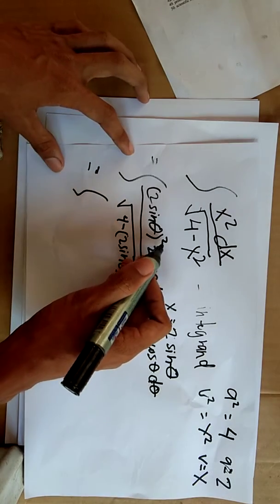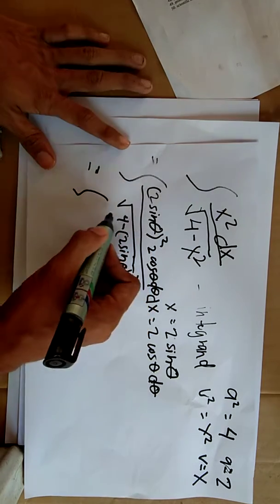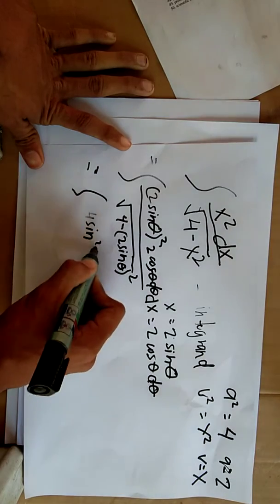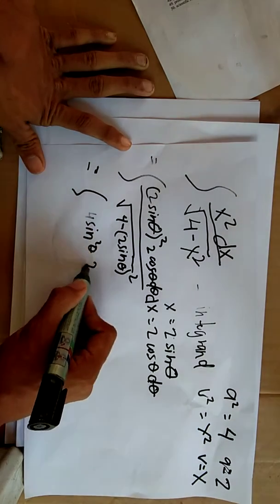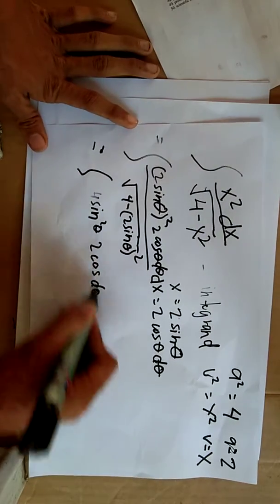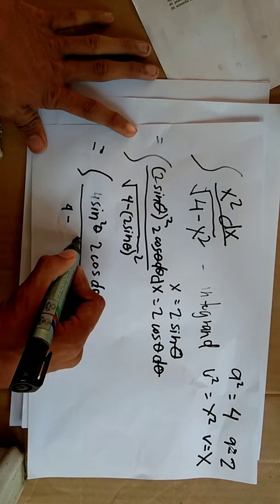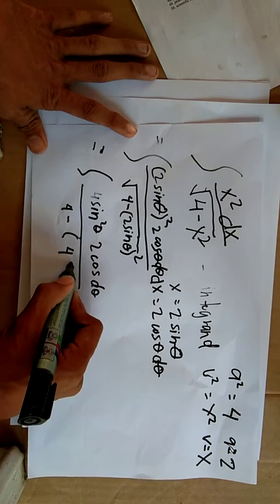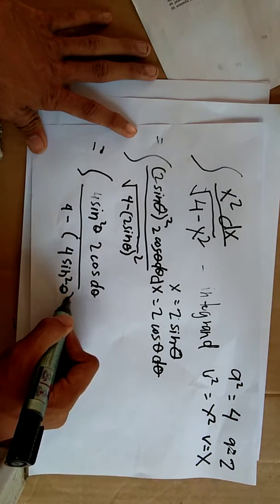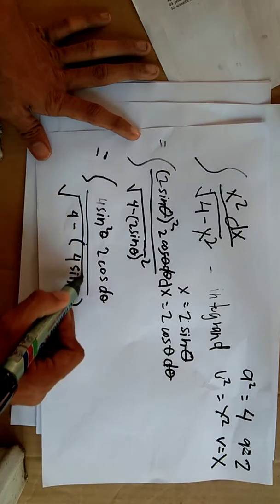Now we will take the square of 2 sine theta, which is 4 sine squared theta. Then we'll just copy the dx over the square root of 4 minus 4 sine squared theta.